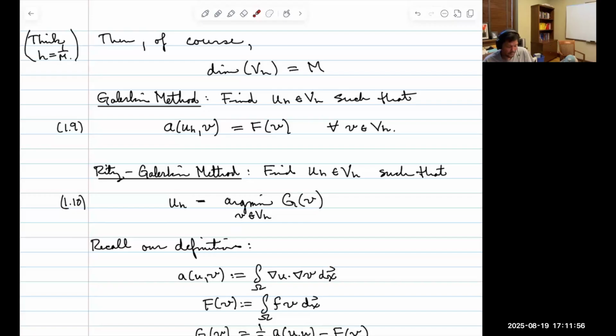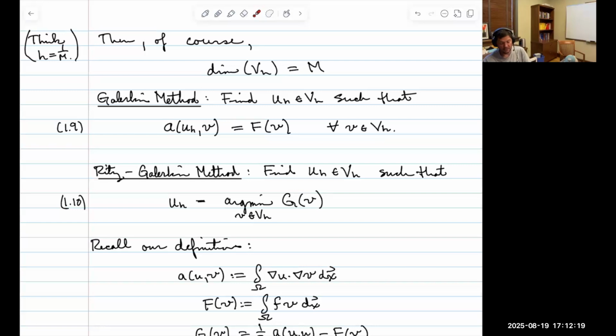Actually, it's going to wait till the next lecture. But that just uses some properties of symmetric positive definite matrices. And the same with this. I don't need to know that V is a Hilbert space. I only need to know that the space in which I'm looking for solutions is finite dimensional in both cases.